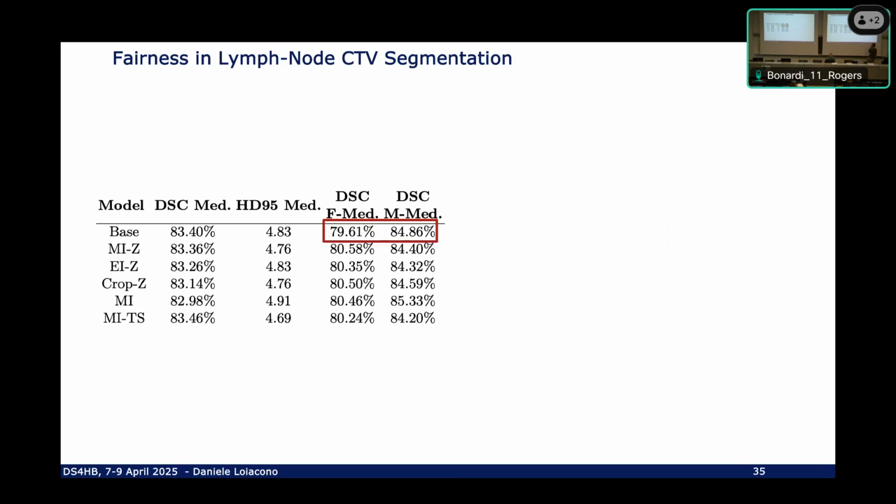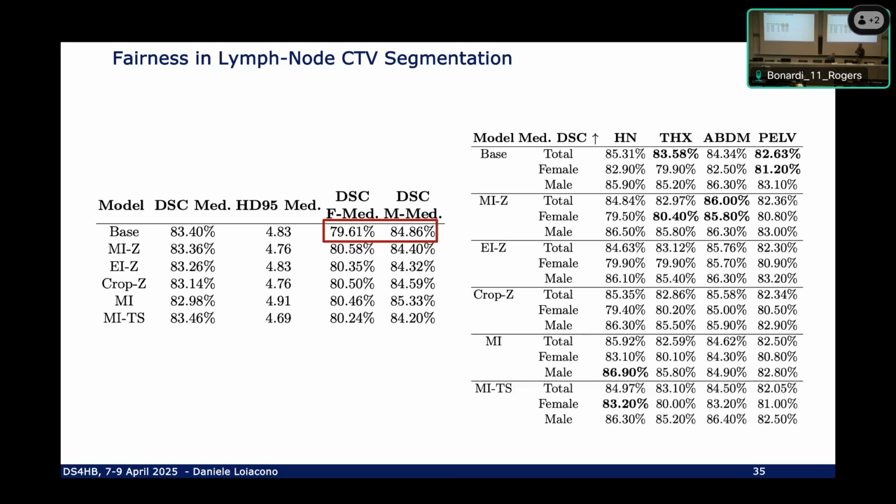The result of the mitigation was pretty poor, but the analysis of what's happening in different regions of the body allowed us to see some benefit of adding additional anatomical information in some specific regions, especially, for example, in the abdominal region.